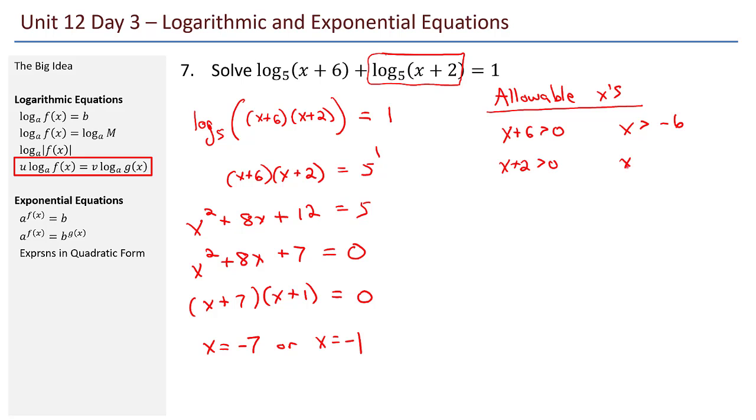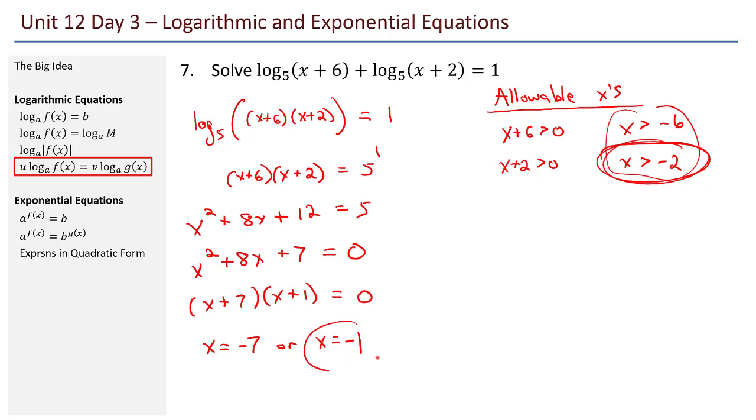So in other words, x is greater than negative 2. And if I put these two together, I find that any solution I have has to satisfy that x is greater than negative 2. So looking back at my solutions here, negative 7, negative 1, only the negative 1 works, and x equals negative 7 does not work.